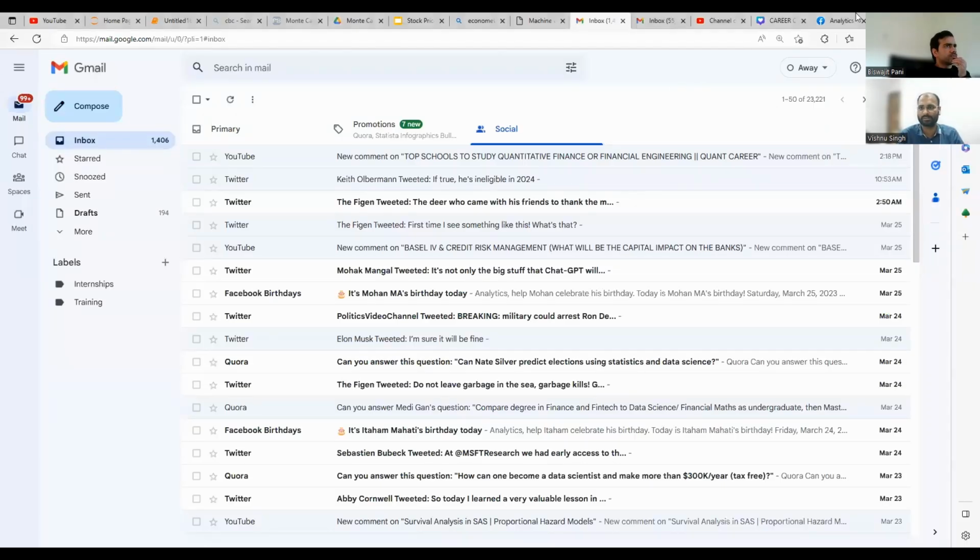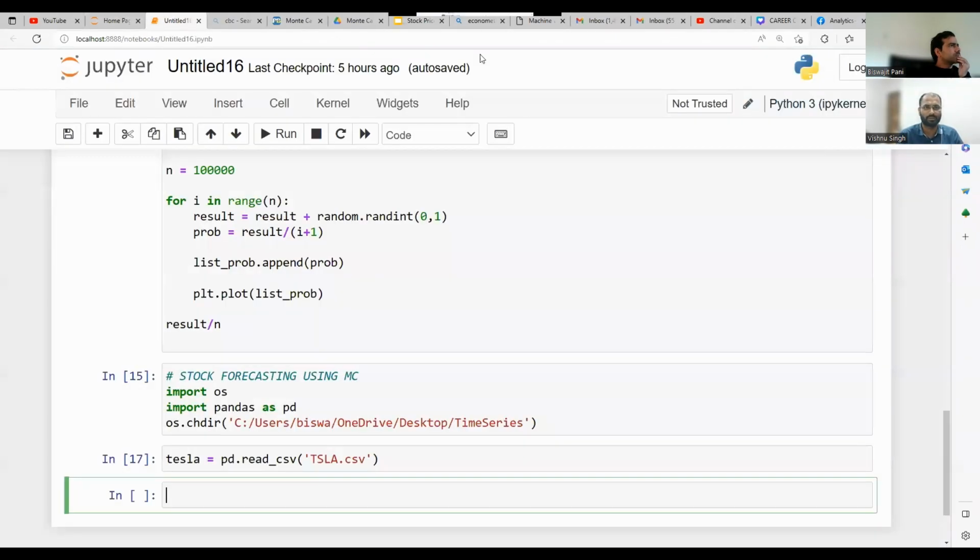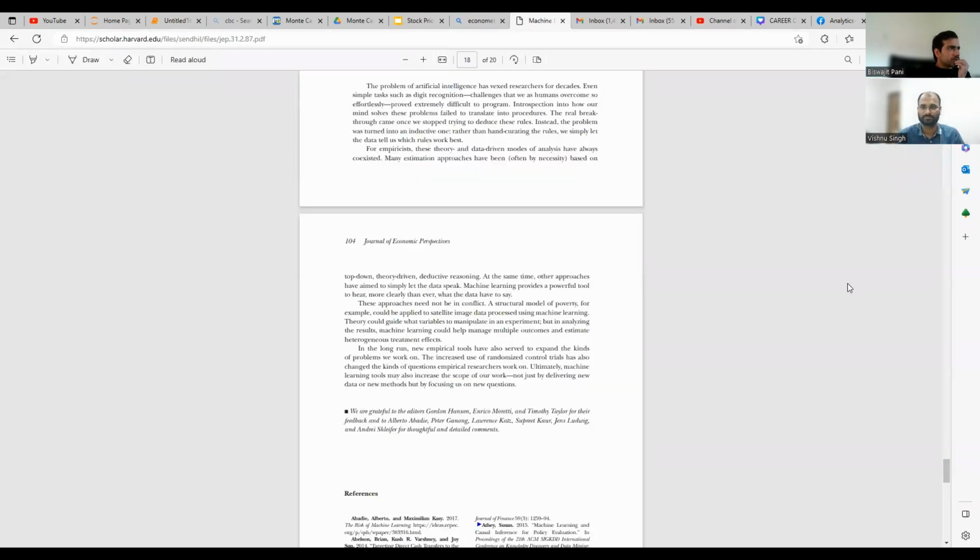Is it regarding the comparison of machine learning models and normal statistical models, or the fundamentals of statistics? Yes, it's about the comparison between machine learning and statistics.